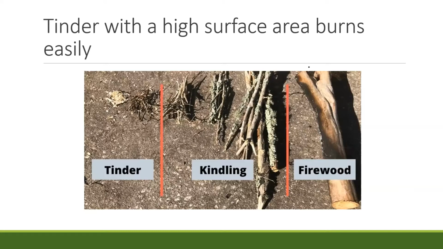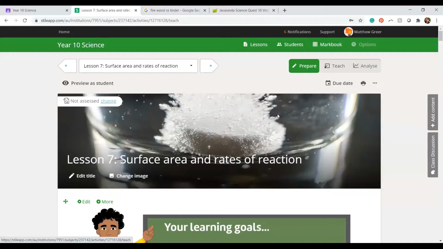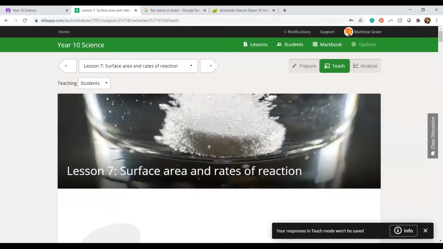So now, let's jump into the style. We'll see if it's got any cool animations on this as well. So this is the surface area one.